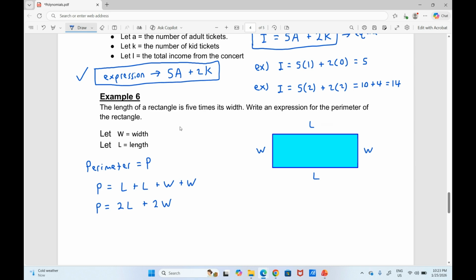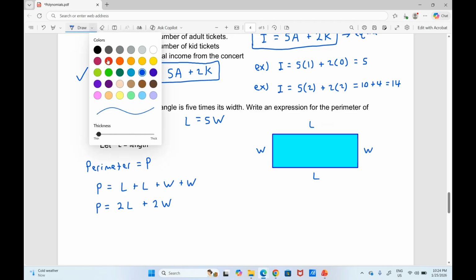Wouldn't my length have to be 5 times that, which is 10 centimeters? So what I can write is length would be equal to 5W. So now if my width is 2 centimeters, 5 times 2 is going to be equal to 10.